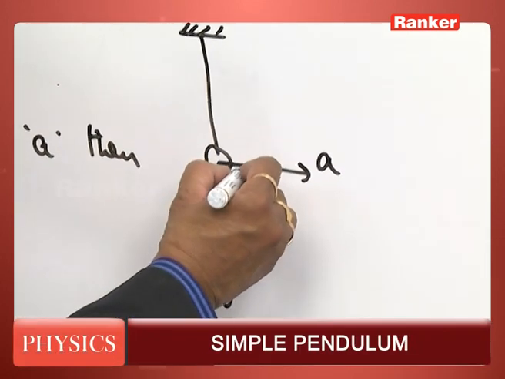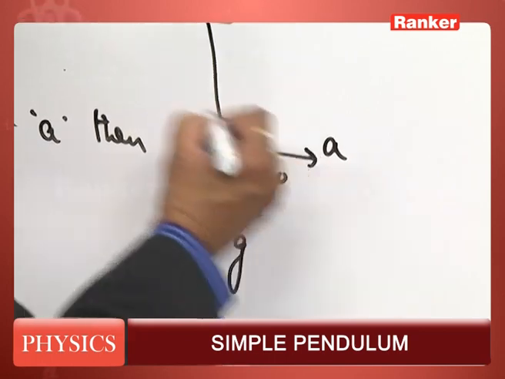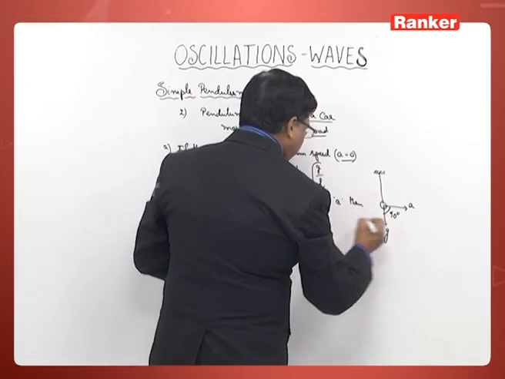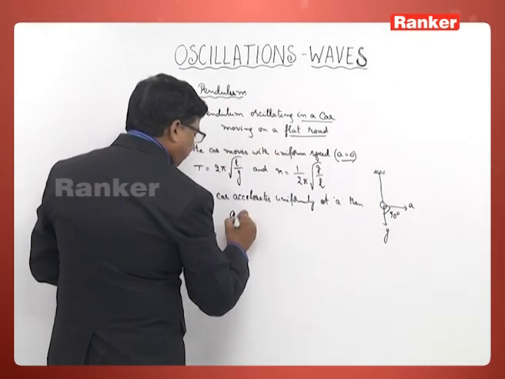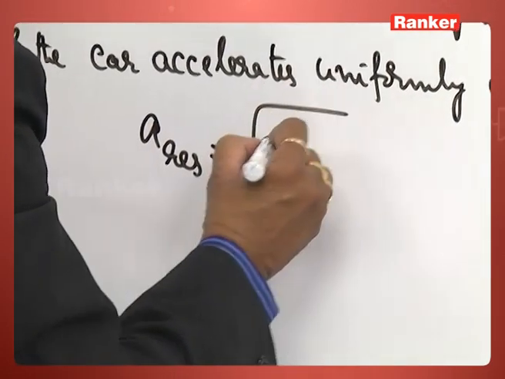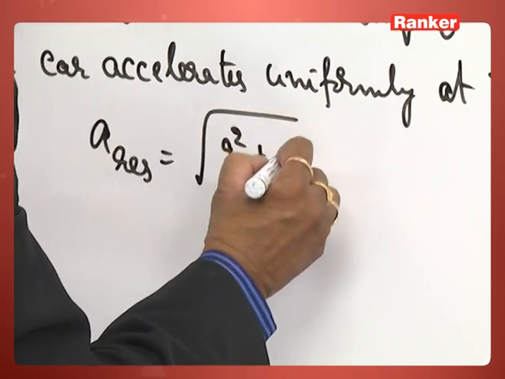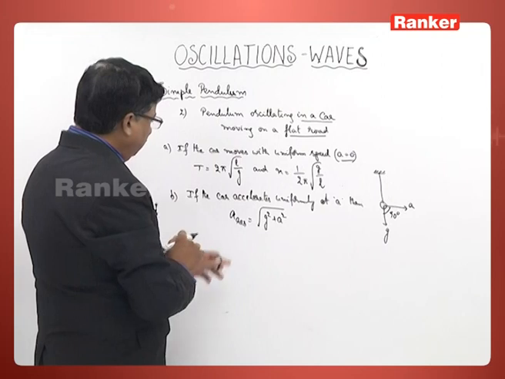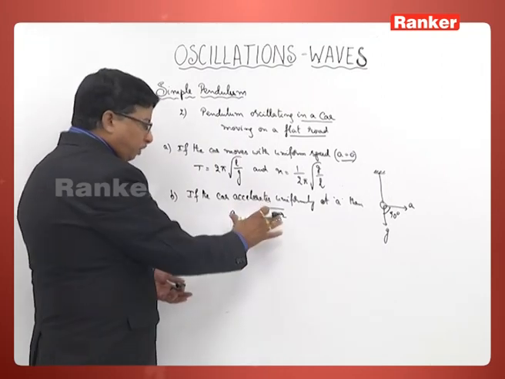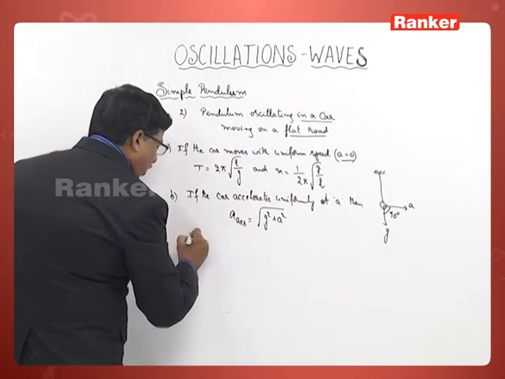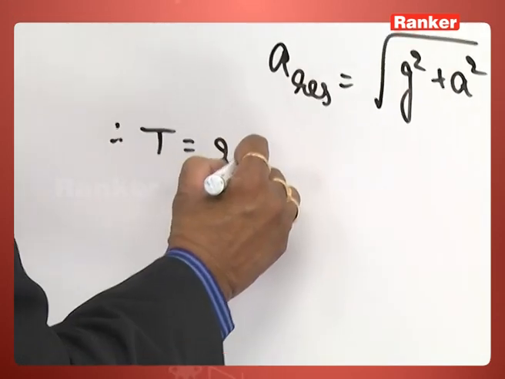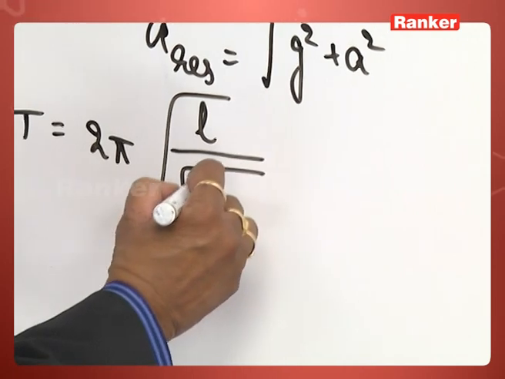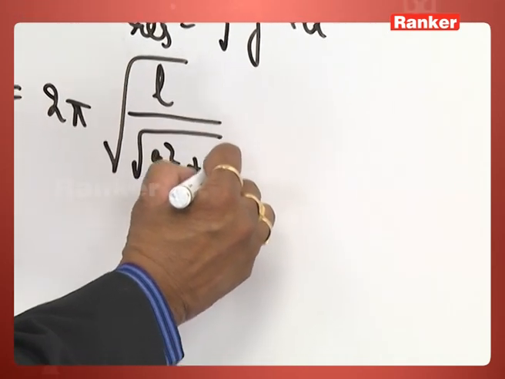The angle between these two is 90 degrees. Therefore, the resultant acceleration becomes root over g square plus a square. The moment the resultant acceleration becomes this much, what would be the time period of the simple pendulum? 2 pi under root L by root over g square plus a square.